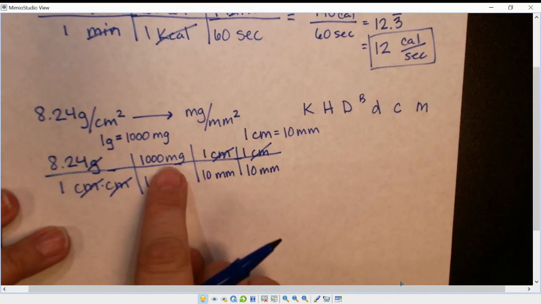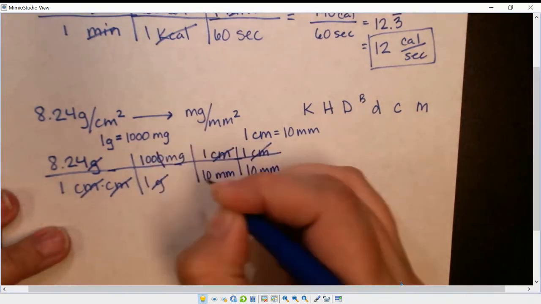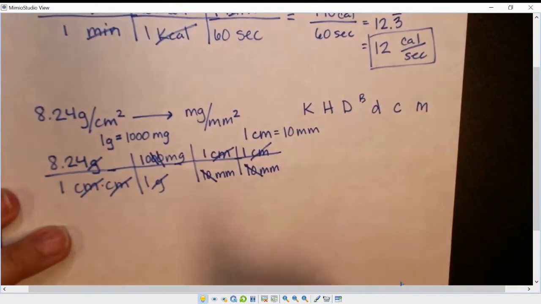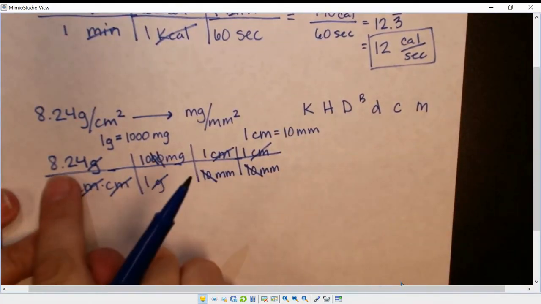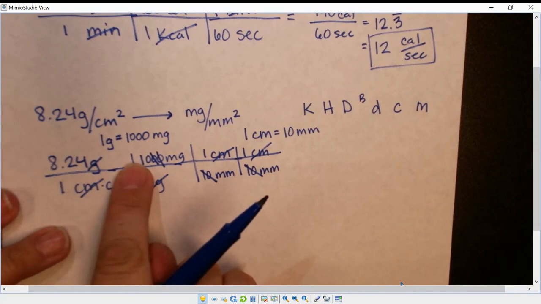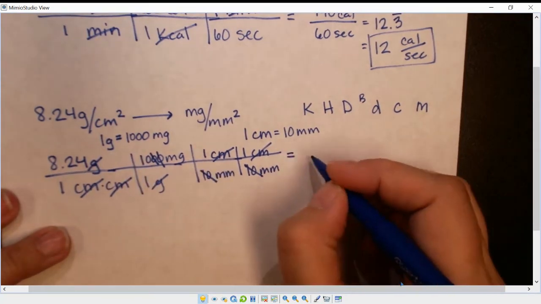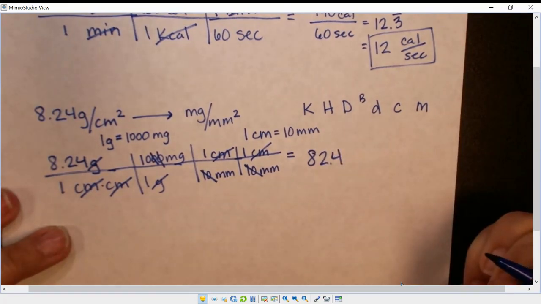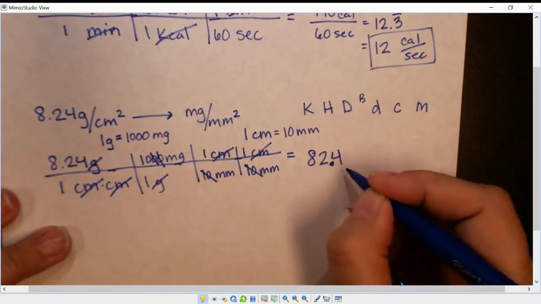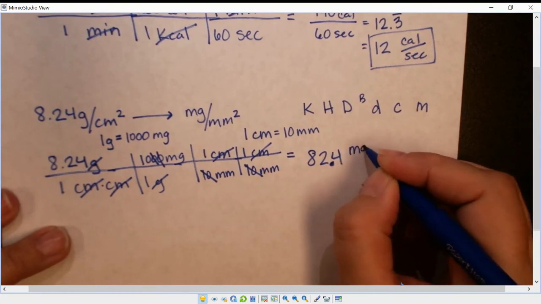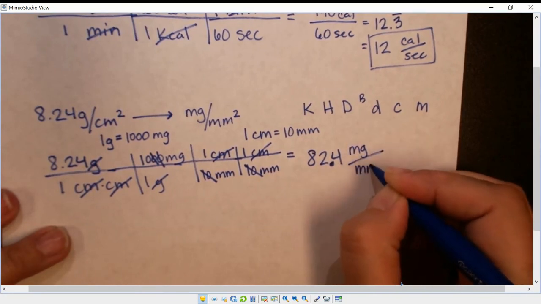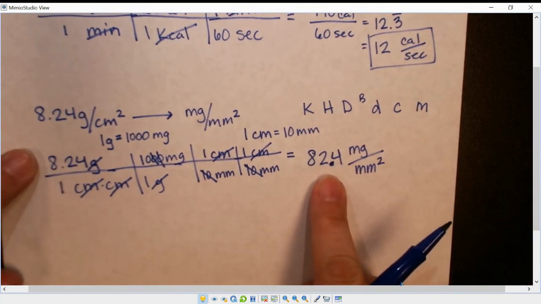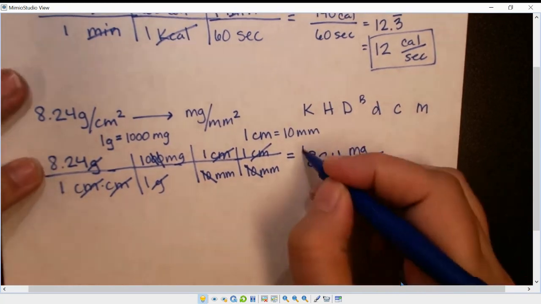This 10 will cancel one of these zeros, right? This 10 will cancel another one. Am I doing that right? So then 8.24 times 10 is 82.4 milligrams per millimeter squared. And then the sig figs still agree here. So we're A-okay.